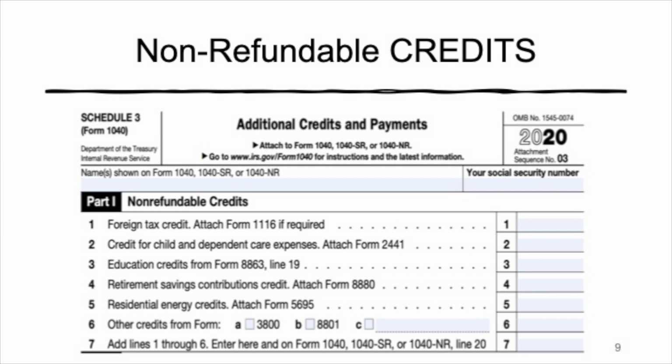Line 3 is education credits from Form 8863, line 19. Publication 4012, tab J, is dedicated to all things education credits. As an overview, there are two types of education credits: American Opportunity Credit and Lifetime Learning Credit.